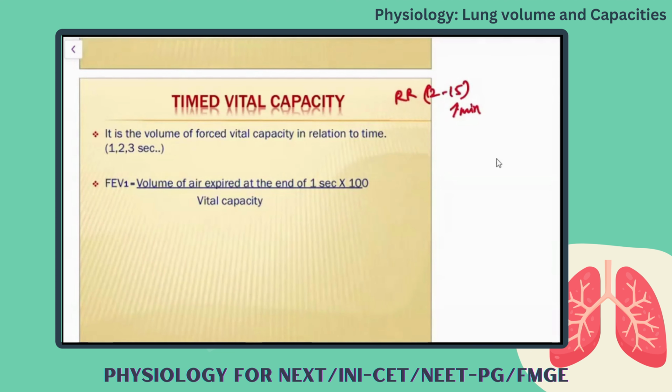This timed vital capacity will be seen when you have some respiratory abnormality.